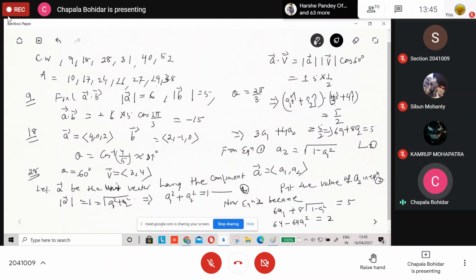So it is 25 plus 36 a1 square minus 60 a1. Okay. So now I am erasing all this here.